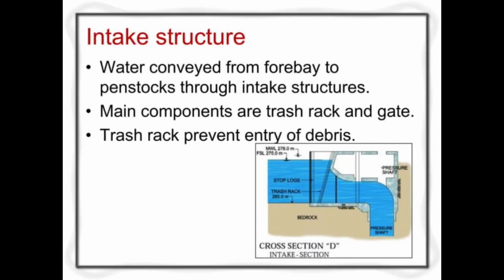This is the intake structure. Water is conveyed from the forebay to the penstocks through intake structures. Main components are the trash rack and gate. The trash rack prevents entry of debris.